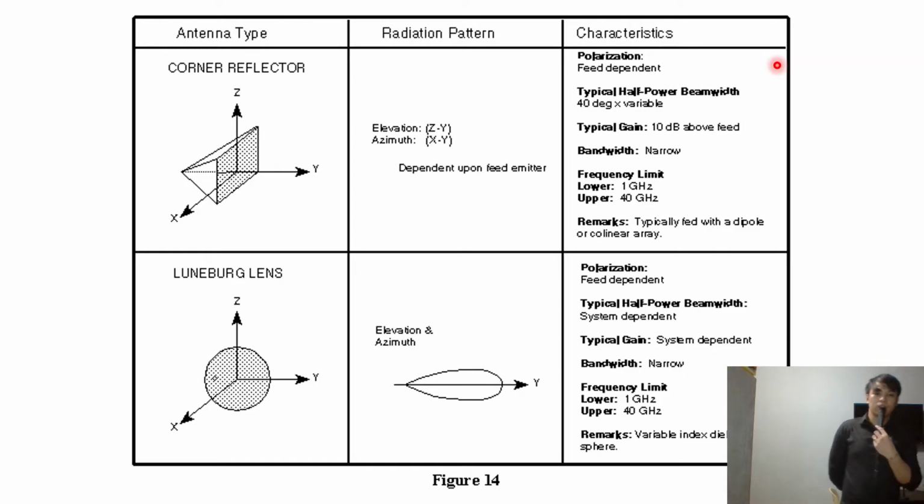Its frequency limit is just the same as the corner reflector. The lower frequency limit of Lundberg lens is 1 gigahertz, and the upper frequency limit is 40 gigahertz. Remarks: variable index dielectric sphere.